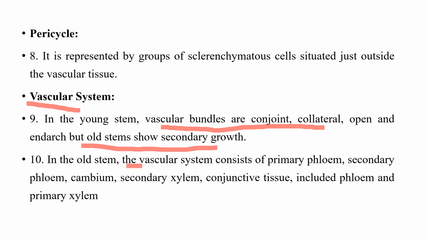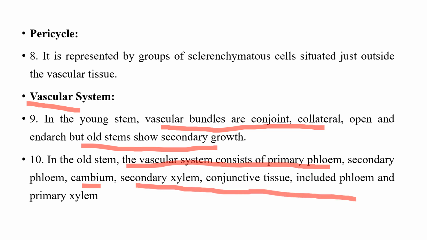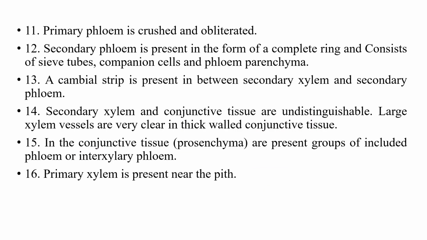In old stem, the vascular bundle consists of primary phloem, secondary phloem, cambium, secondary xylem, conjunctive tissue, included phloem and primary xylem. The primary phloem is crushed and obliterated. Secondary phloem is present in the form of a complete ring and consists of sieve tube, companion cell, phloem parenchyma.